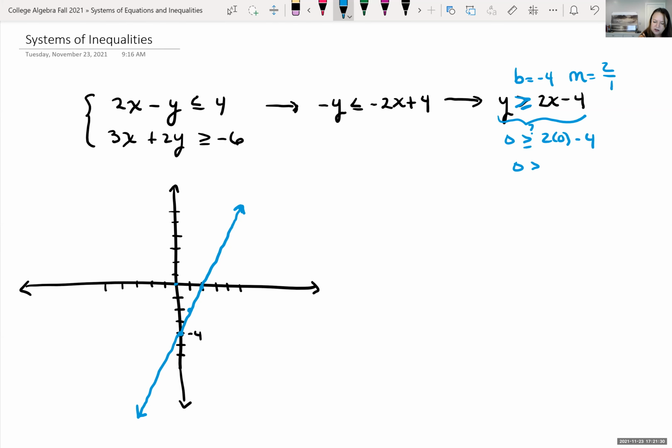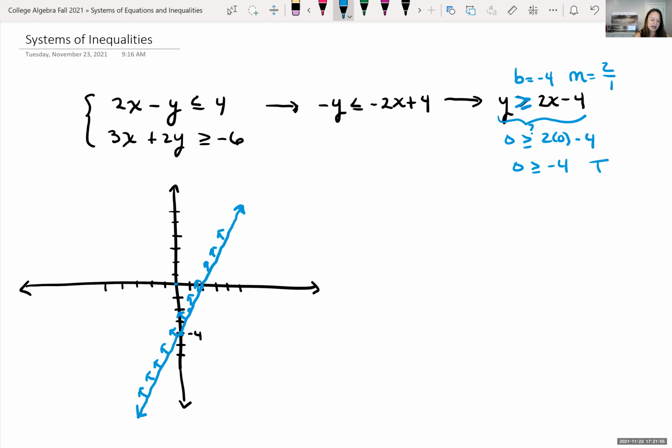Is 0 greater than or equal to -4? That's a true statement. And so we're going to shade above the line. Because it's a system, our solution is what the shaded regions have in common. I'm just going to put little arrows here telling me this is where I would shade.